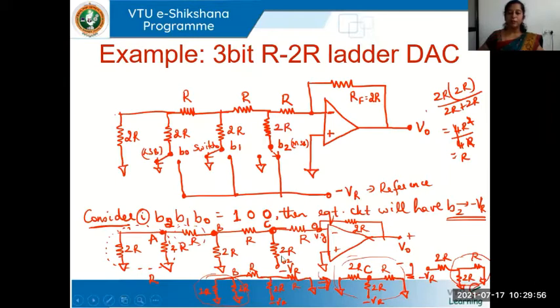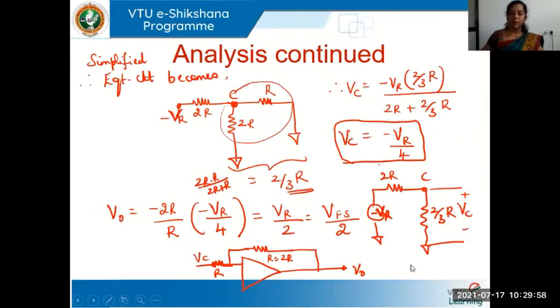And we have found the voltage VC. So this voltage VC here is how much? Minus VR by 4. So the voltage VC which is connected here at the input is minus VR by 4, and this is nothing but an inverting amplifier.